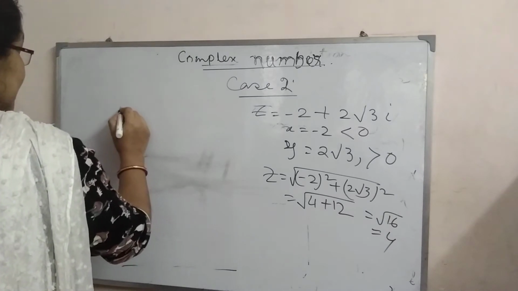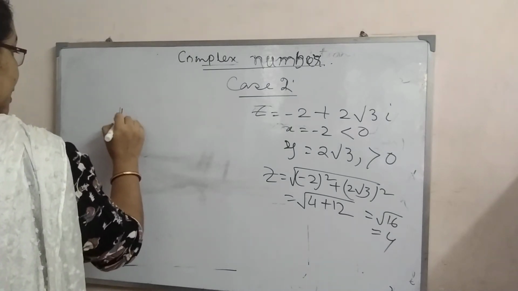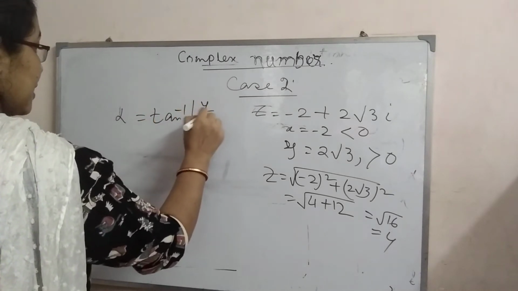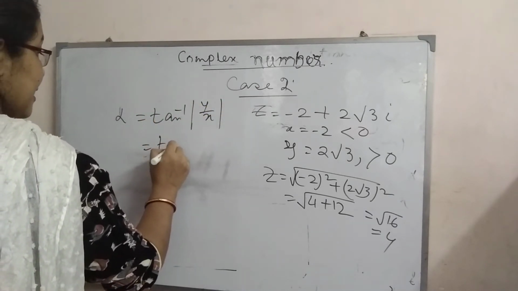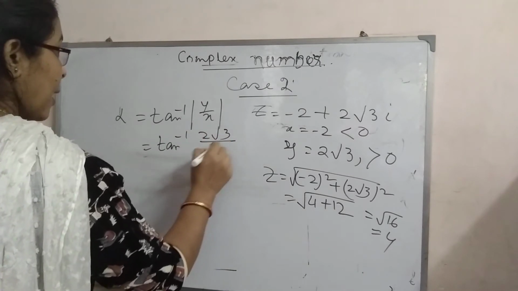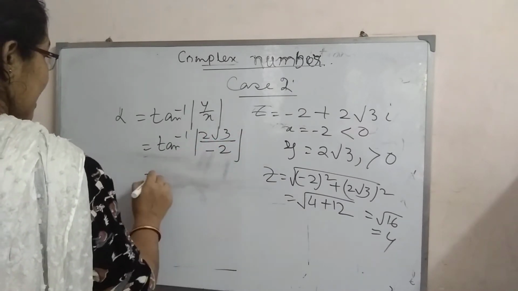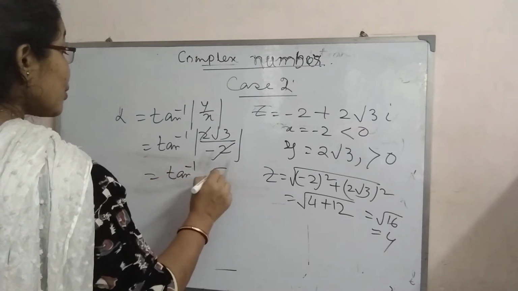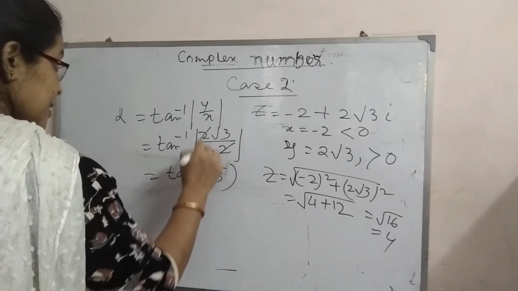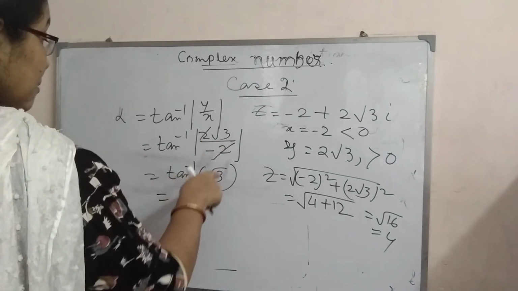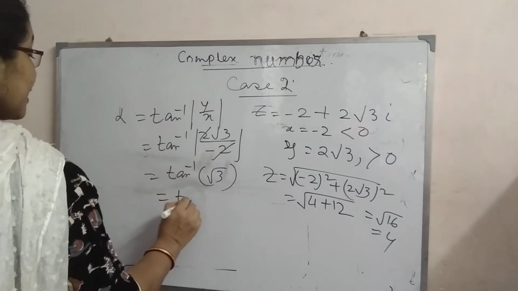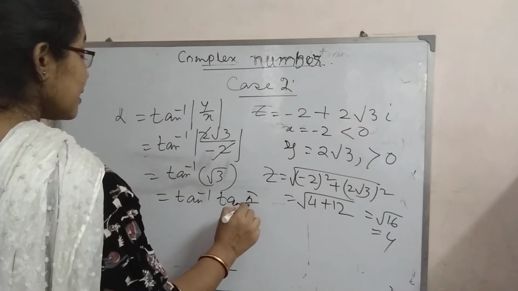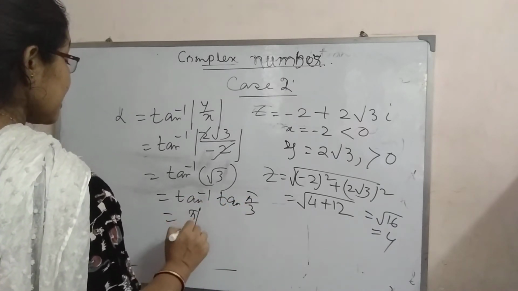Let theta be the argument and alpha the acute angle given by tan inverse y by x, that is tan inverse 2 root 3 by minus 2. The 2 cancels out, tan inverse root 3. I will take the absolute value. Here I will write tan inverse tan pi by 3, that is pi by 3.